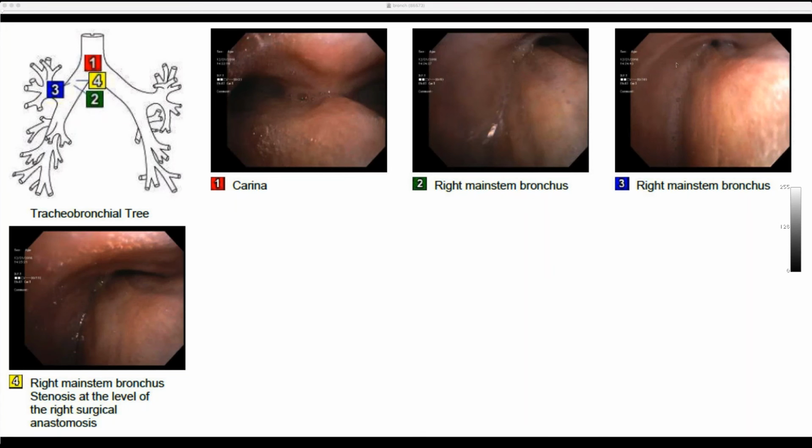So there's the right main. You see how tight that was, and this is it down there. So nice correlation with bronch and CT. And the bronch was done the next day. And then they ended up putting a stent across it and it opened right up. And I can't remember how far out the patient was from transplant. I want to say somewhere between 6 and 12 months.